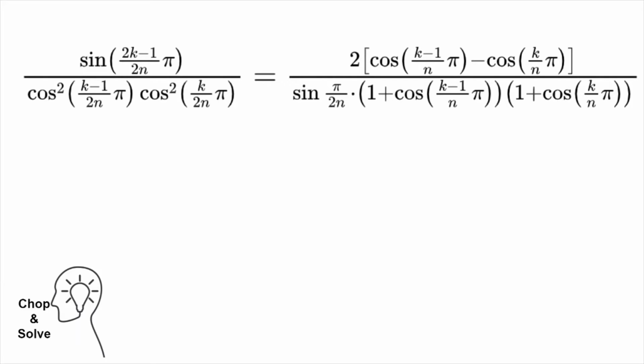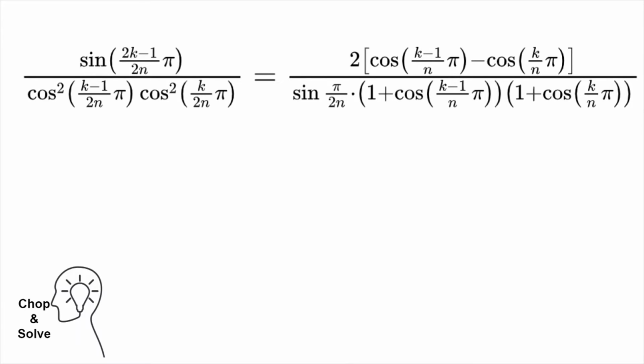So using that formula, we have written 2 into cos((k minus 1)π by n) minus cos(kπ by n) divided by sin(π by 2n). And we have written 2 cos²((k minus 1)π by 2n) as 1 plus cos((k minus 1)π by n), and 2 cos²(kπ by 2n) we can write as 1 plus cos(kπ by n).